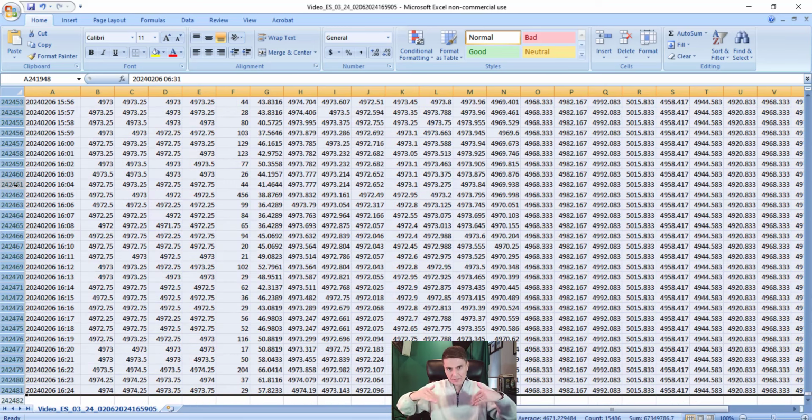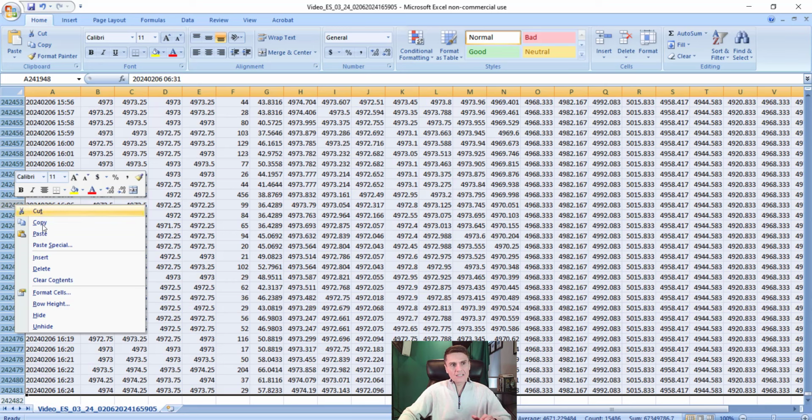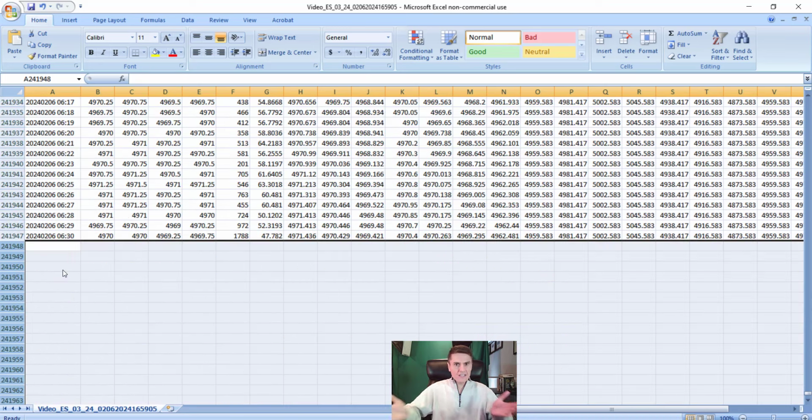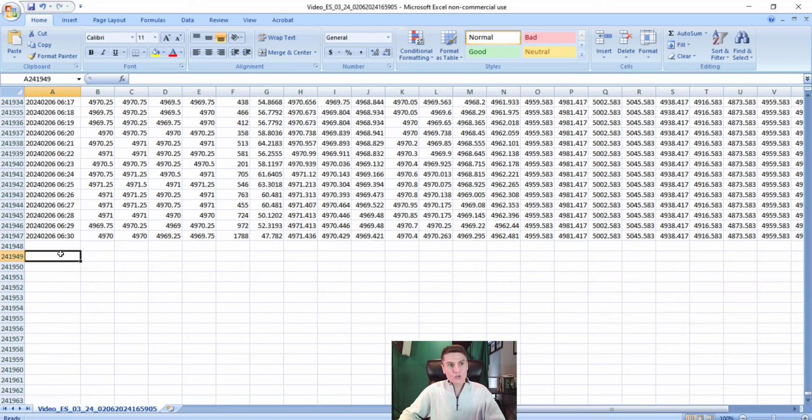It's going to highlight everything, and then right click, left click, delete. It just got rid of all of the rows starting from 6:31 until the end of today. So we now have data from May 31st of 2023 until February 6th, 6:30 a.m. Why? Again, because we're trying to make a prediction for the upcoming RTH session, which is in a minute.